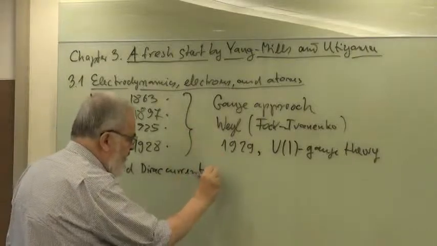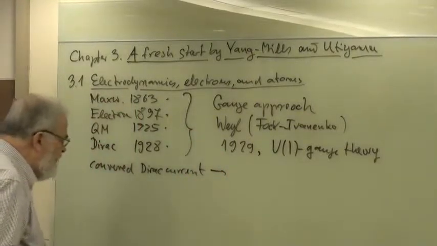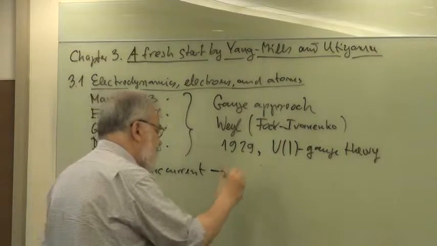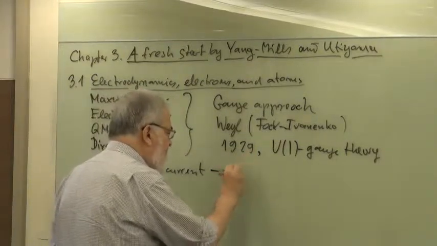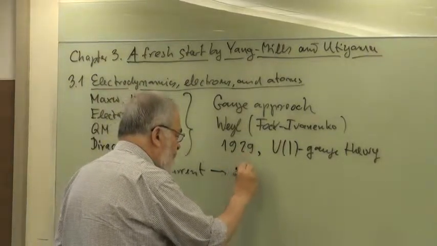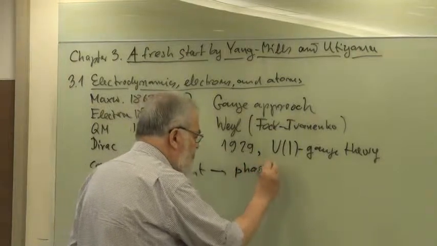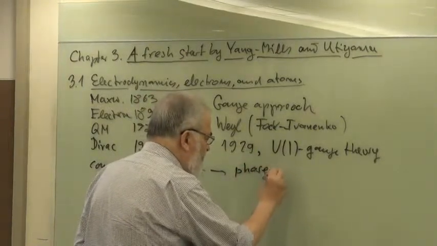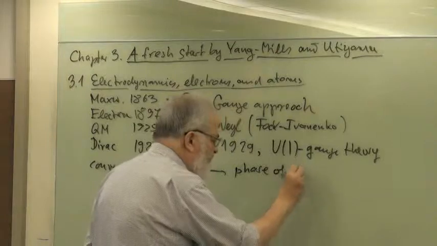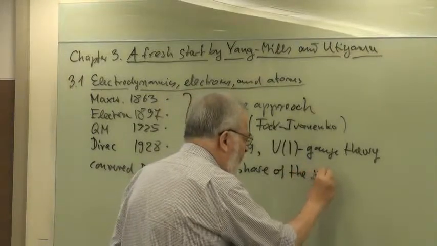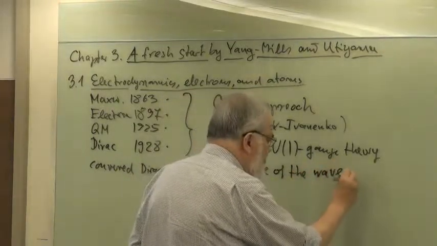By the converse of the Noether theorem, you had a phase invariance of the wave function. The phase of the wave function can be arbitrarily chosen.